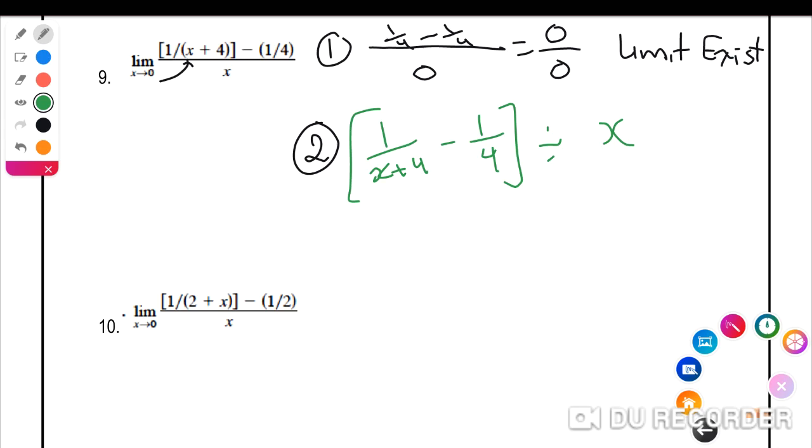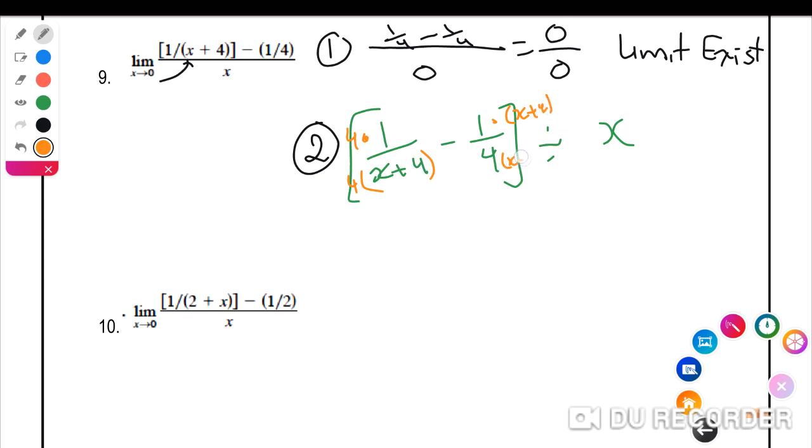By making them like fractions, they must have the same denominator to do the subtraction. How? I multiply here by 4 and here by x plus 4. I will not multiply x only or 4 only. No, I multiply all of this expression by the denominator here, which is x plus 4.